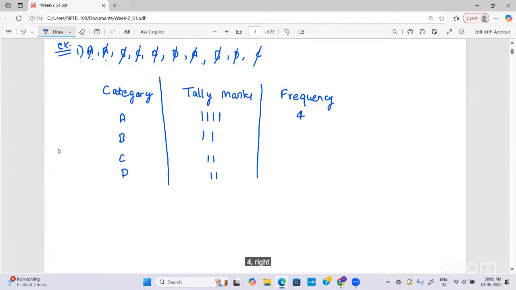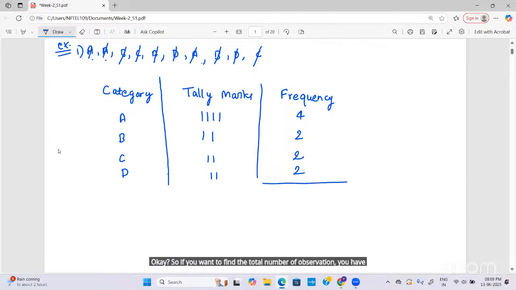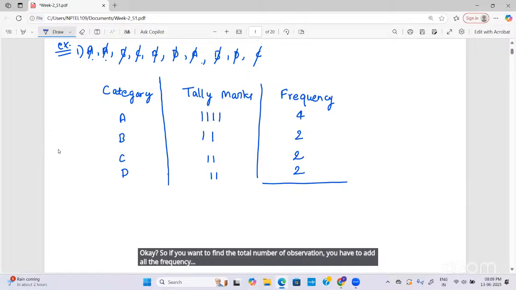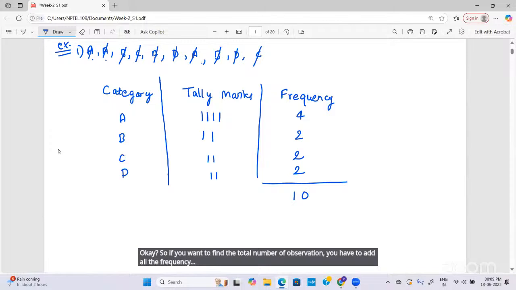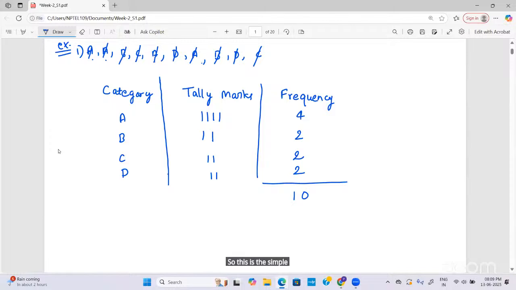And frequency of B is 2, and C is 2, right? If you want to find the total number of observations, you have to add all the frequencies. 10. So this is the simple frequency distribution, or frequency table, for a data set.